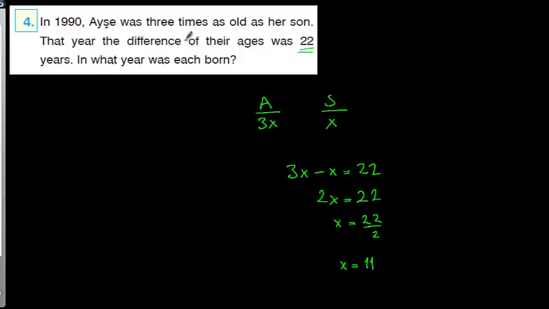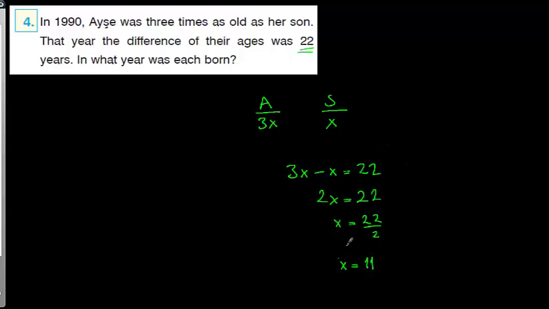Yes. That year, in what year was each born? Now, what is Aisha's age? No, no. It is the difference of their ages. It says the difference of their ages was 22. So 3x minus x is equal to 22.